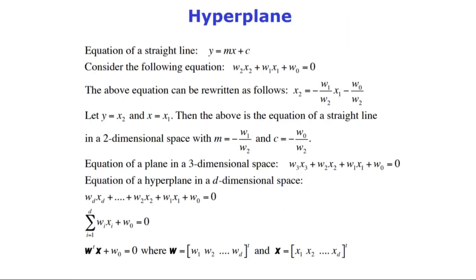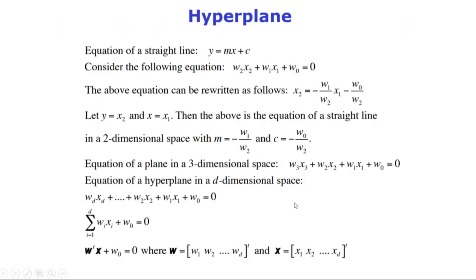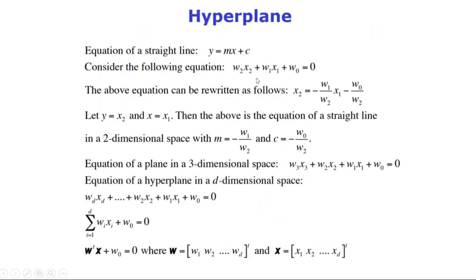Let us see what the equations are. How do you represent hyperplanes in the space? This is the equation of a straight line. Similarly, it is a two-dimensional hyperplane. So the decision surface is w2x2 plus w1x1 plus w0 is equal to 0.